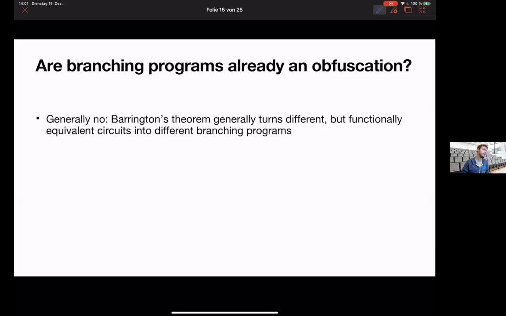But to be honest, from now on, the details of Barrington theorem don't matter anymore, right? From now on, it's sufficient for you essentially to know that you can translate a logarithmic depth circuit into a width-5 branching program. Does that make sense? Yeah.